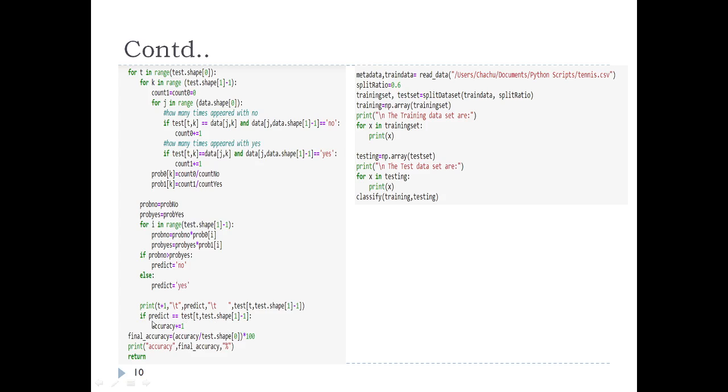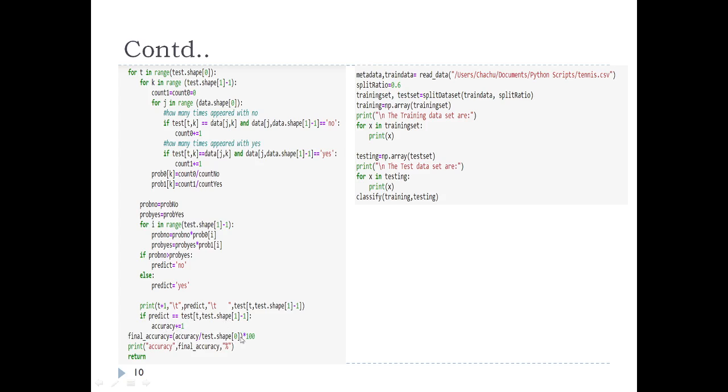Then we will calculate the accuracy for the classification. From the test data we will take the target value and compare whether the predicted value is equal to the target value. If it is the same, we'll increment the accuracy value.